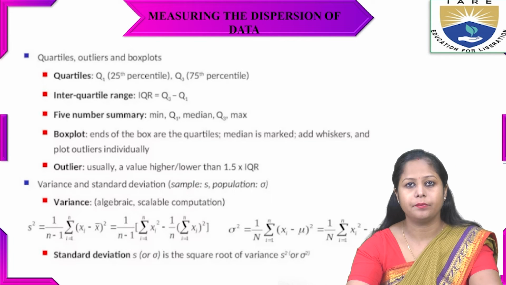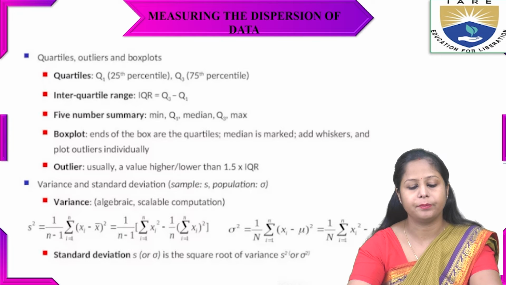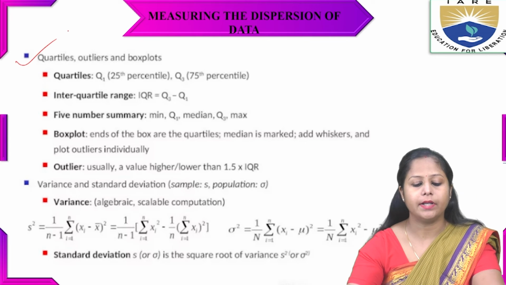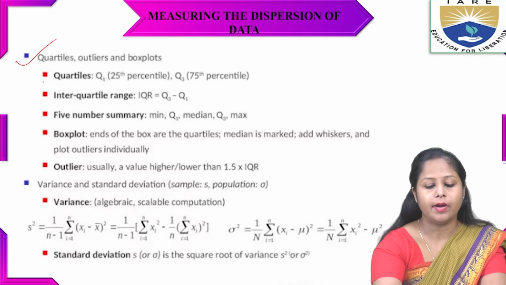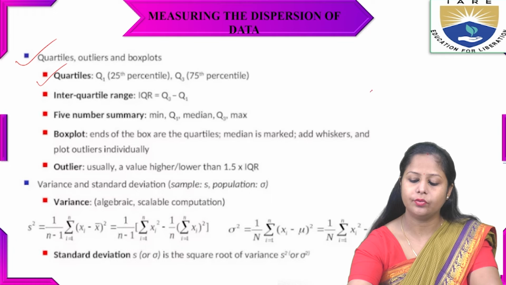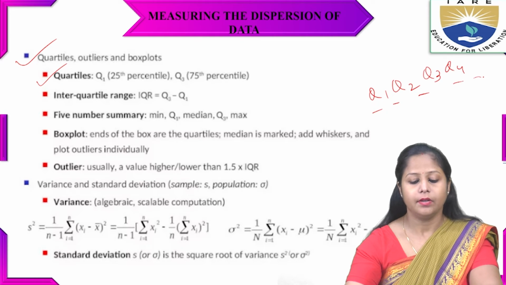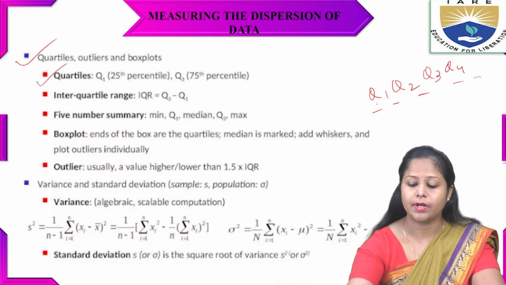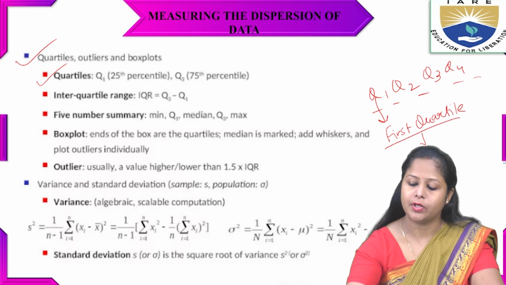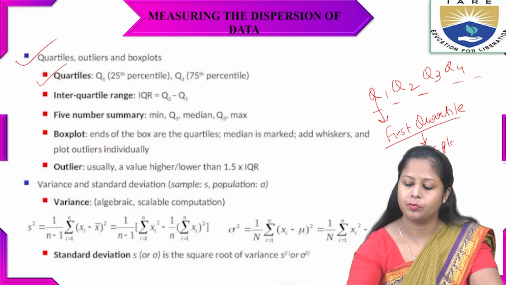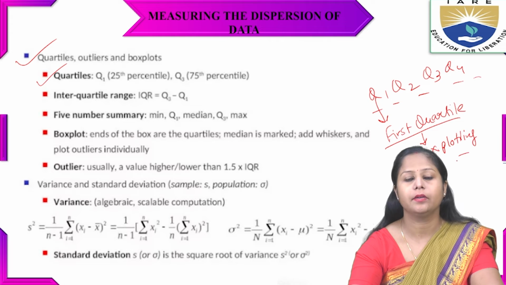Measuring the dispersion of data. So what are the measures to measure the dispersion of data? For quartiles, outliers and box plots, we can check the quartiles Q1, Q2, Q3, Q4, like that. The first quartile is used for box plotting the data set.